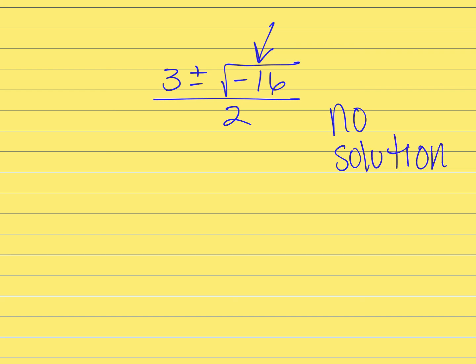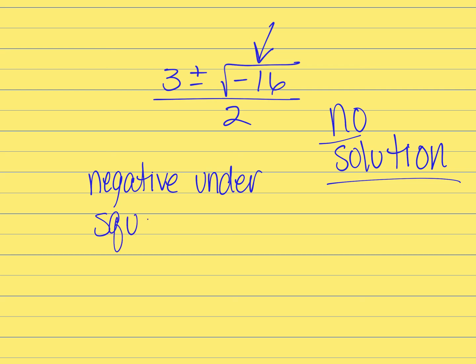So you cannot have the square root of a negative value. There is no such thing. So anytime we have a negative under the radical, or under the square root, it would be no solution.